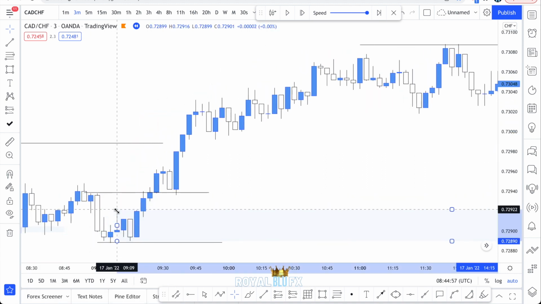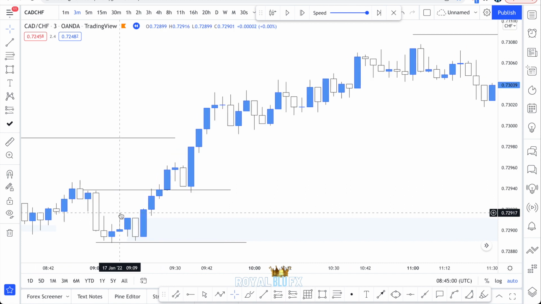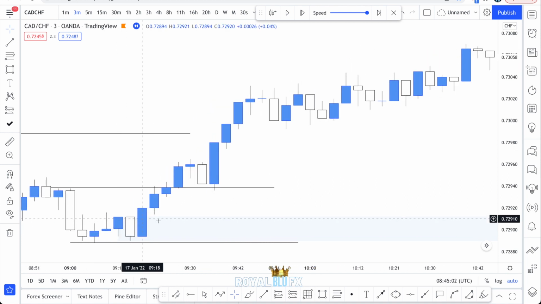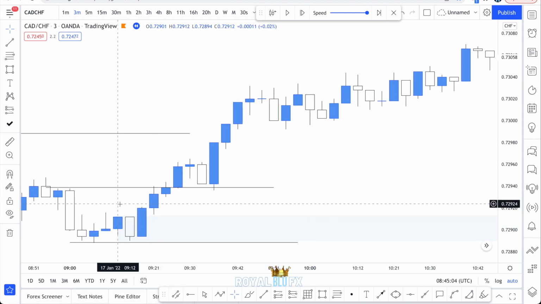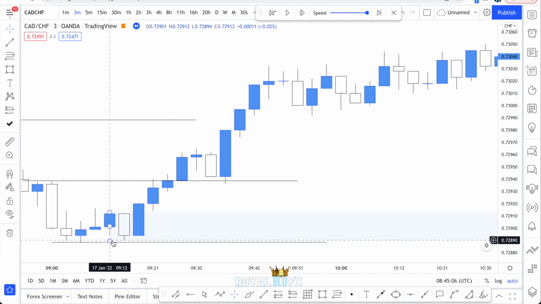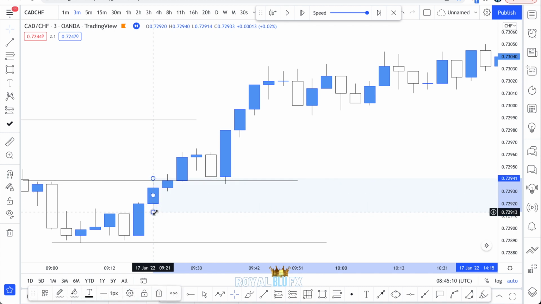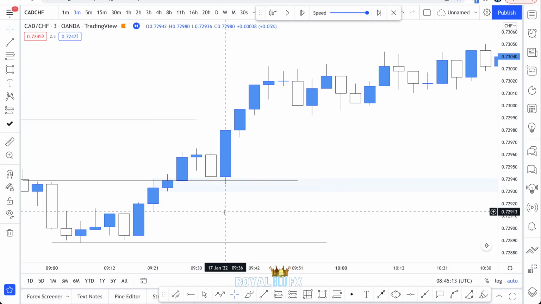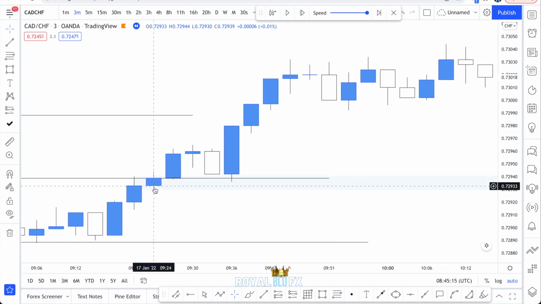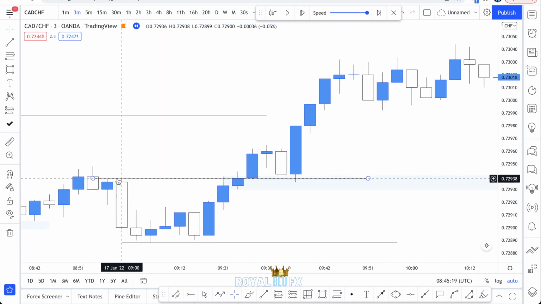Now, a lot of you guys, again, would say this is our last bearish candle. That's correct, but don't get fooled into thinking that this is the only bearish candle here. What did I show you on the last example? Look right here. We have a high and a low. The high goes up, the low goes up. Here was the candle responsible for breaking the structure, this high here.